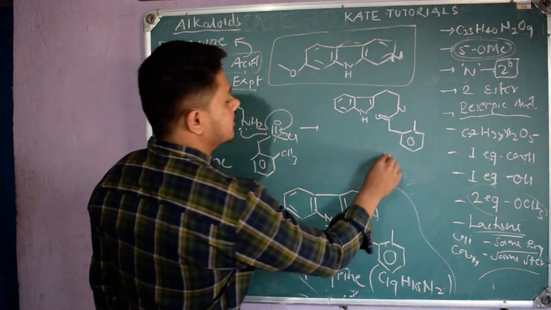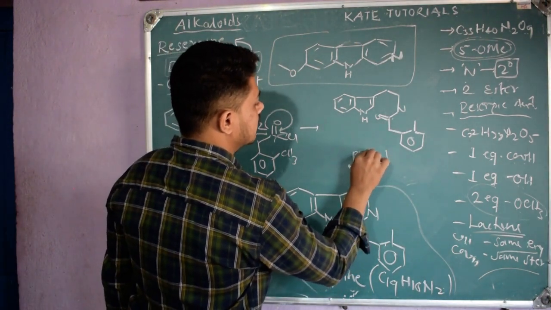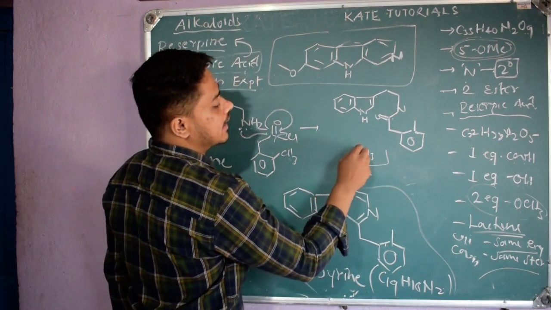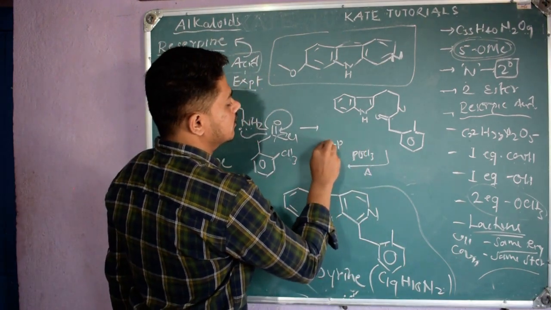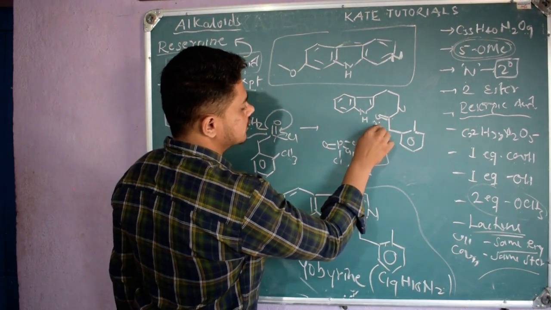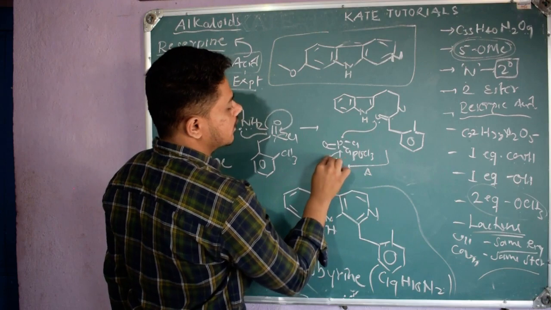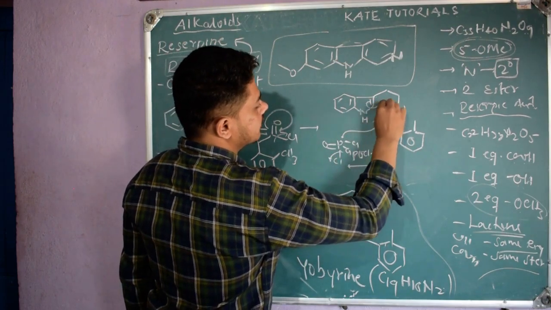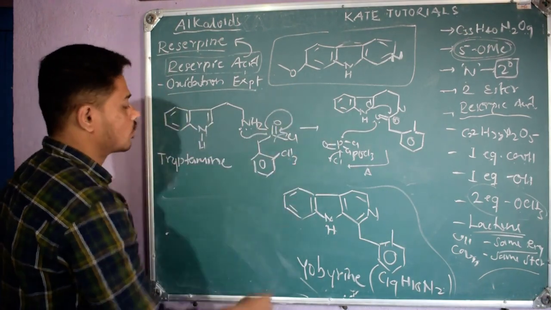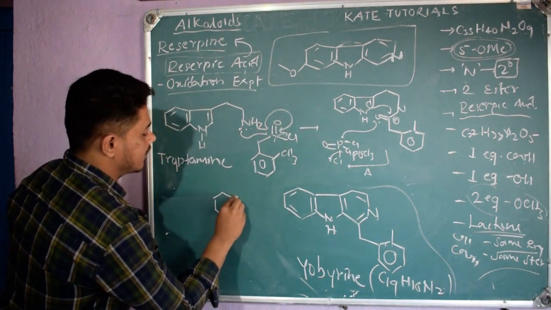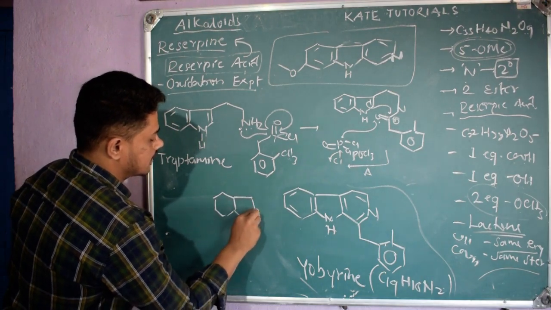Further, what they did, they heated with POCl3. We know that phosphorus has more affinity for oxygen. So this oxygen will take one of the chlorines, which leaves the system, so this carbon becomes electrophilic. From this it will give the electron density, so a simple ring closing reaction happens, right.